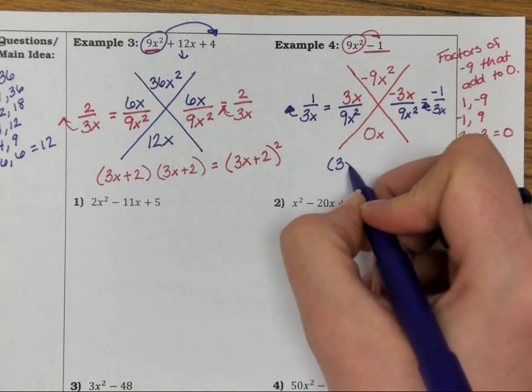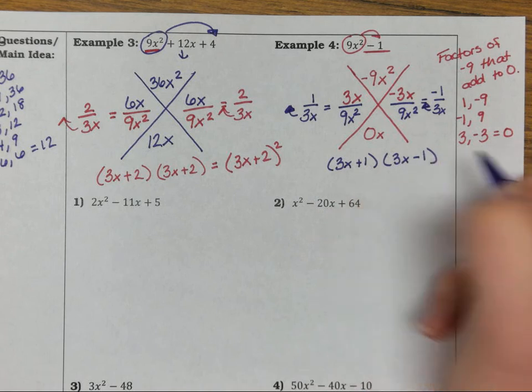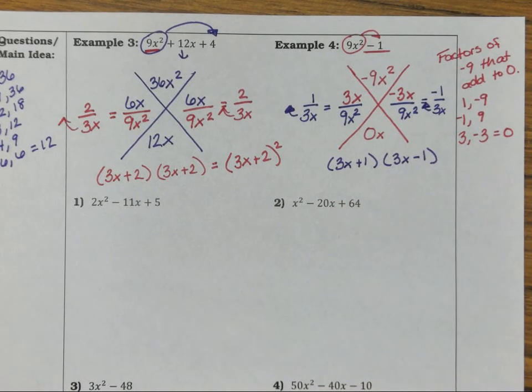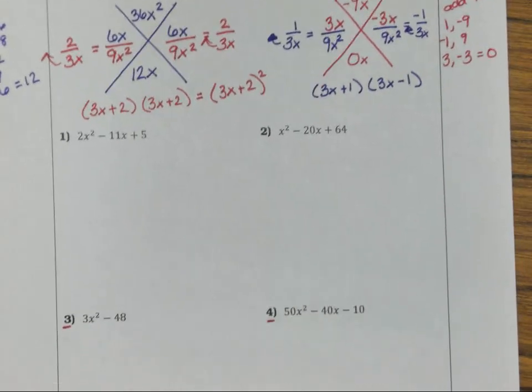So I have 3x plus 1 and 3x minus 1. All right, you try 1, 2, 3, and 4. Just a hint that on numbers 3 and 4, you are going to have to pull out a greatest common factor.